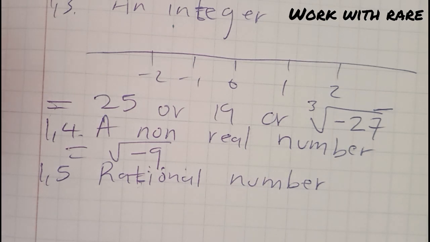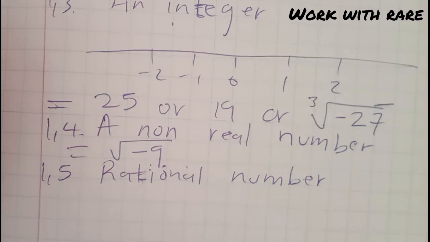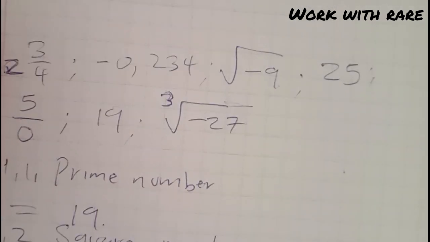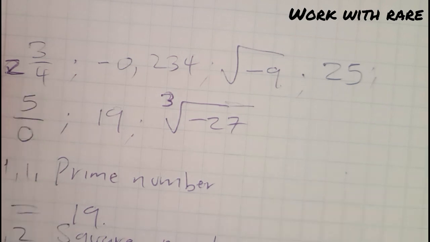Okay, so if we check from our list, this number gives us decimals.